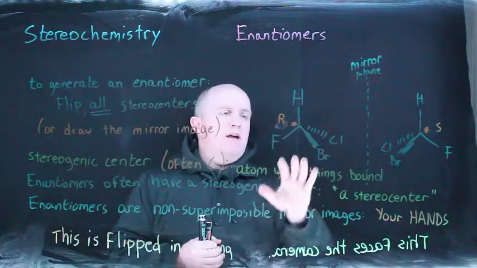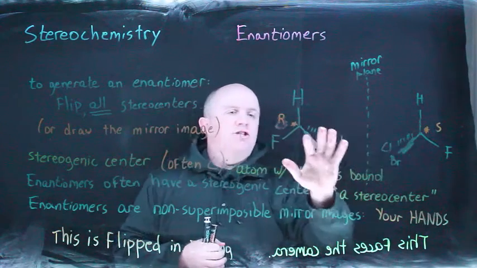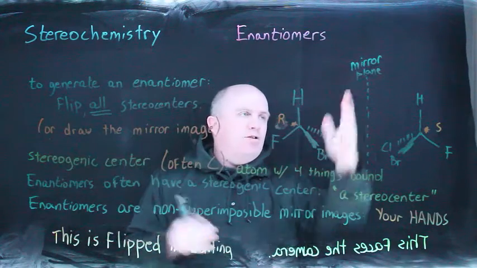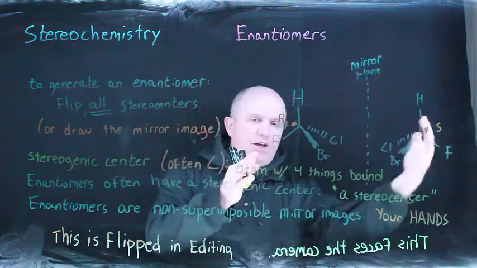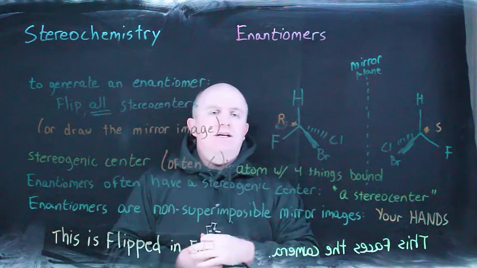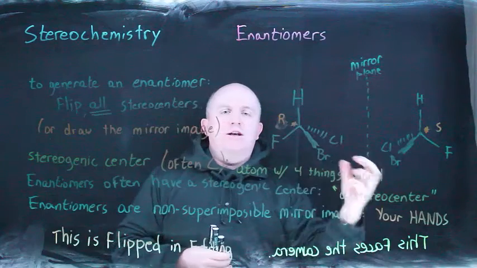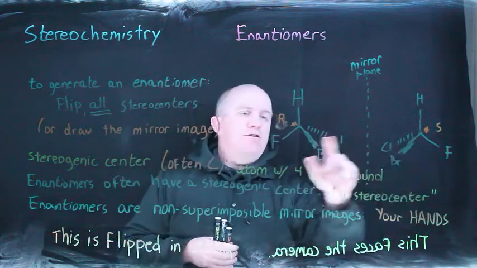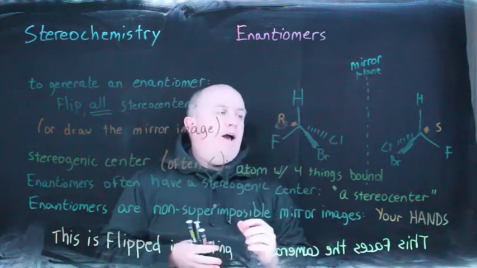Another key point to make here is that if you are trying to generate an enantiomer, one way you can do it is exactly the way I did. You draw the mirror image, so you draw a mirror plane and then reflect it, and that will create enantiomers. But the other way to do it is to flip all stereogenic centers in the molecule. In this particular case, what we have is a single stereogenic center, so if you flip that one, then you have an enantiomer.